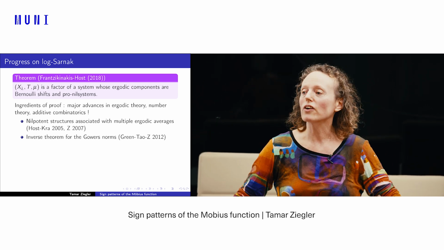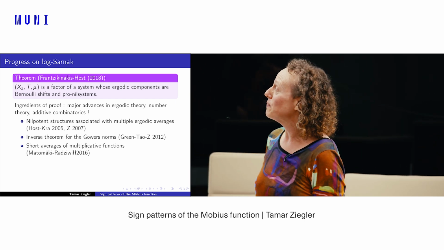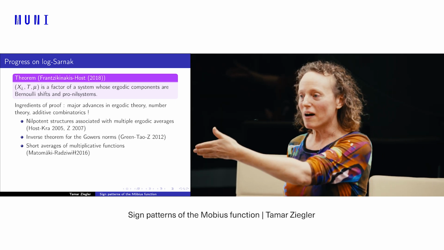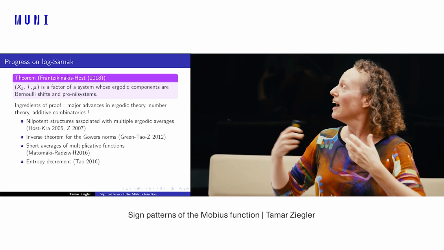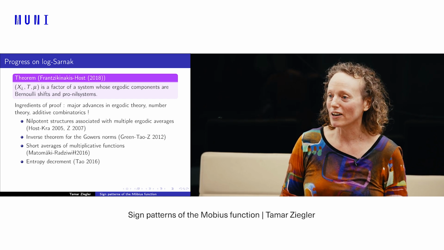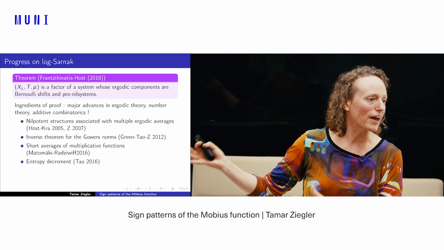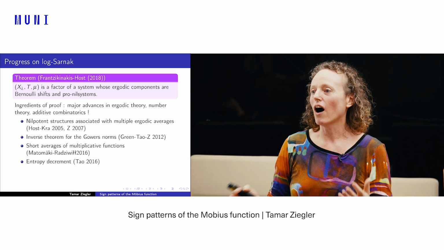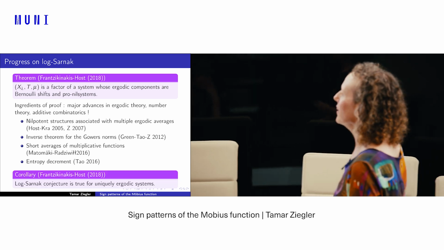So nilpotent structures appear in combinatorics as well. It also builds on the new result of Matomäki and Radziwiłł about short averages of multiplicative functions, and Tao's entropy decrement argument. So it takes everything that we've discovered in the last 20 years and puts it all into one nice big theorem.